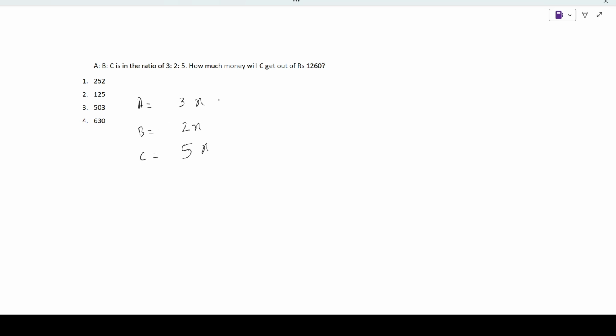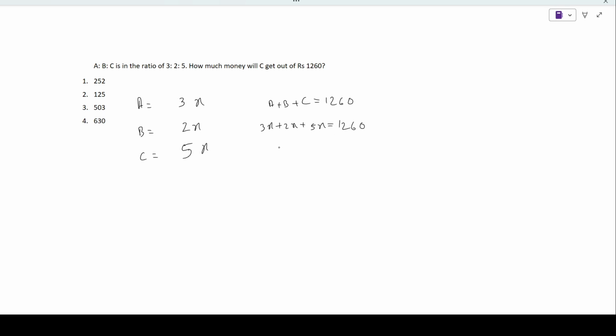Now we are told that the total money is 1260. That is A plus B plus C is equal to 1260. The value of A is 3x, B is 2x, and C is 5x.